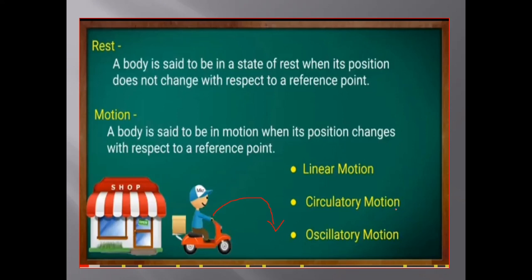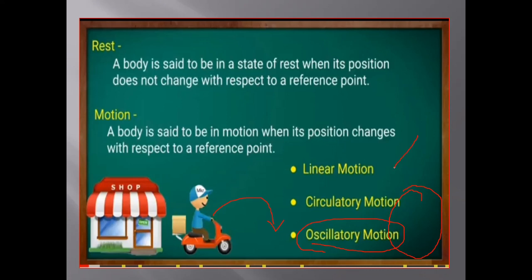Then what about circular motion, children? Circular motion is a motion where an object has a circular path. Whenever the object follows a circular path, that motion is known as circular motion. Then what is the next type, children? That is oscillatory motion. Oscillatory motion is a motion which gives a to and fro motion.